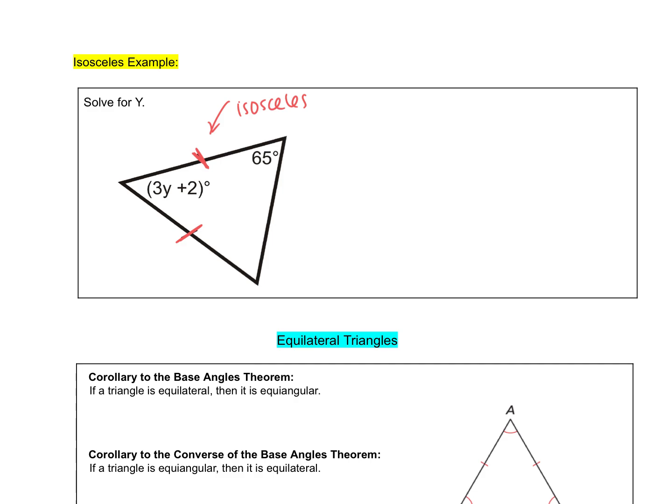If the two sides are the same, the angles across from those sides also have to be the same, which means this angle right here has to be congruent to this angle right here, which means this missing angle is 65. Now that I know that, how can I find y? Add it all up, set it equal to 180.